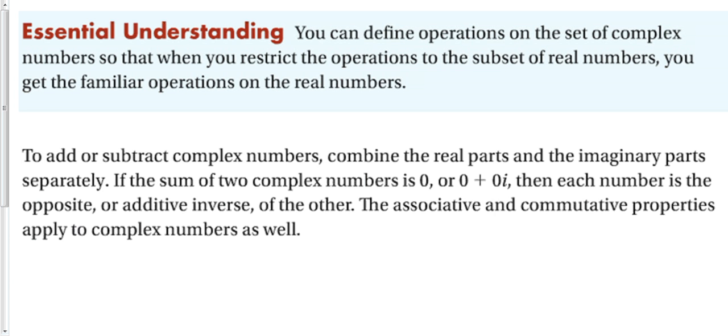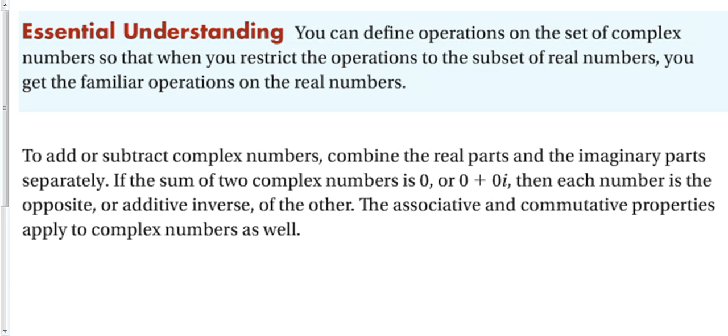Okay? When we add and subtract, we're going to put the real parts together, and we're going to put the imaginary parts together. We're going to put the different parts with their same parts. Just like when you add x and 2x, you get 3x because they're like terms. They go together. Okay? So to add or subtract complex numbers, combine the real parts and the imaginary parts separately.